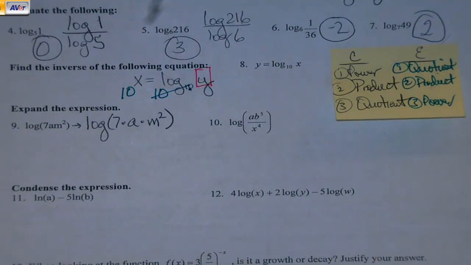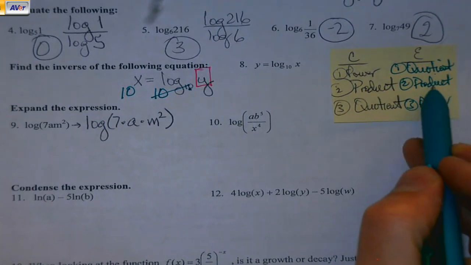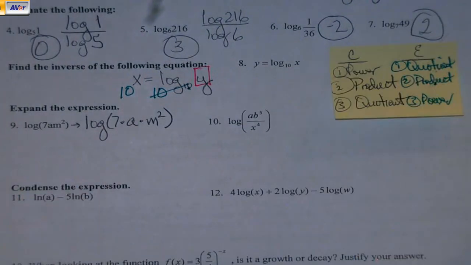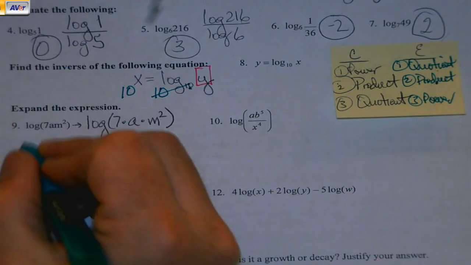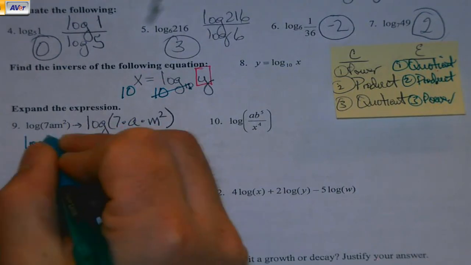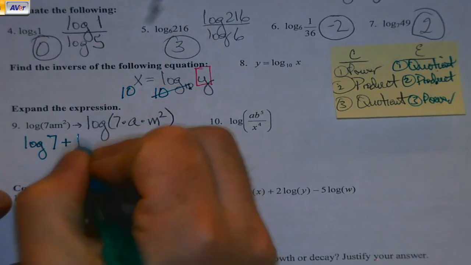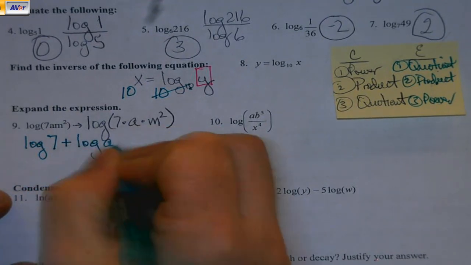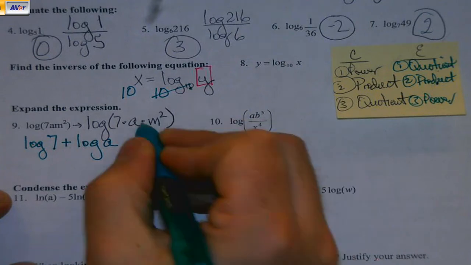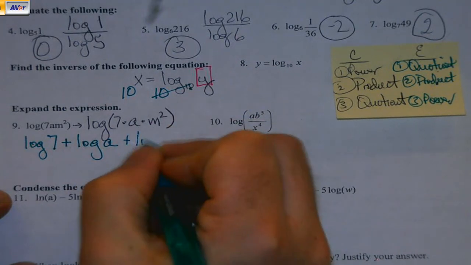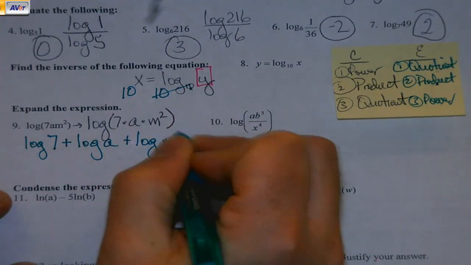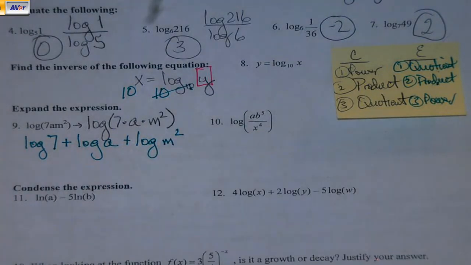So with that in mind, when I'm doing a product, and I see a couple of them, multiply turns into add. So I'm going to have log of 7, I see a little multiplication dot, that's plus. Log of A, see a multiplication dot, that's plus. Log of M squared.